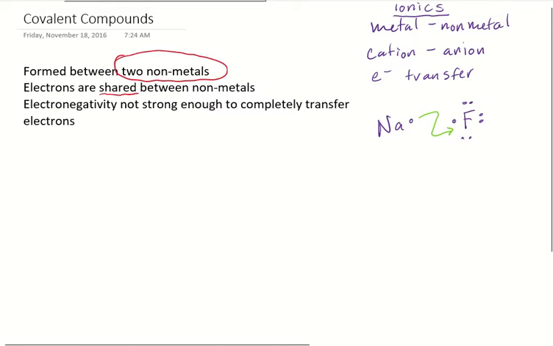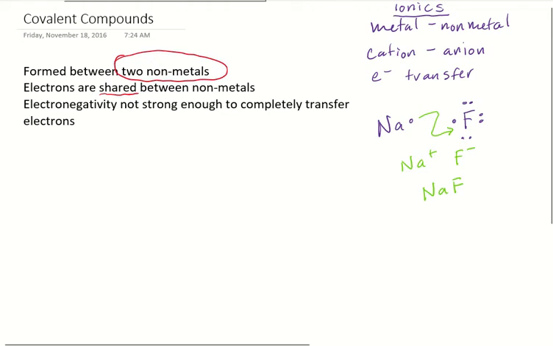So you eventually get Na plus and F minus for an ionic compound to be formed of NaF, sodium fluoride. So that is an ionic compound because it's a metal, non-metal, it's a cation and an anion, a positive being attracted to a negative, a transfer of electrons.